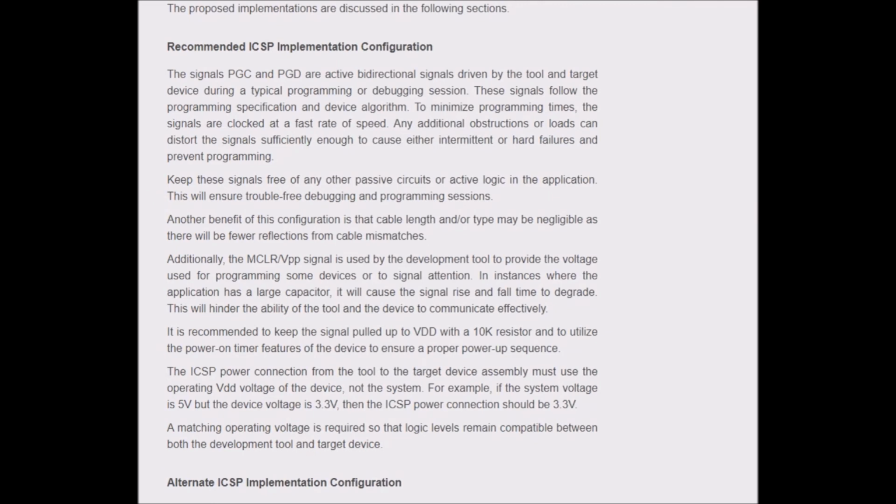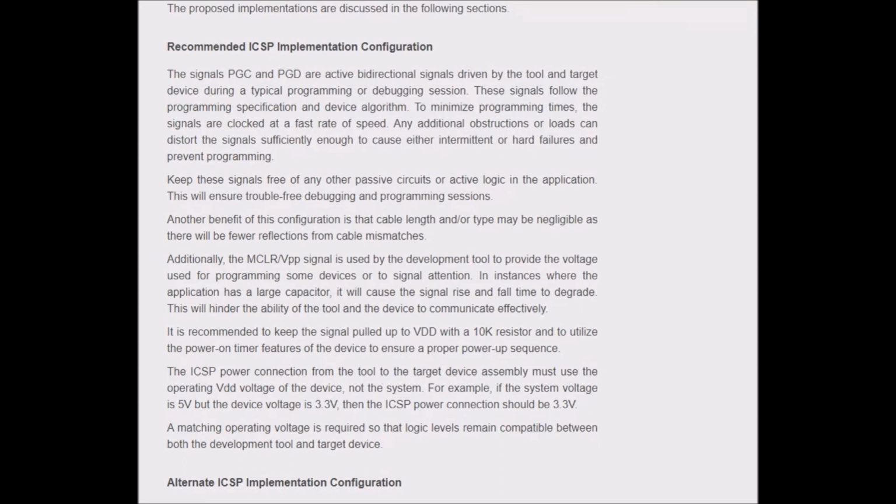Another benefit of this configuration is that cable length and/or type may be negligible, as there will be fewer reflections from cable mismatches. Additionally, the MCLR/VPP signal is used by the development tool to provide the voltage used for programming some devices or to signal attention.